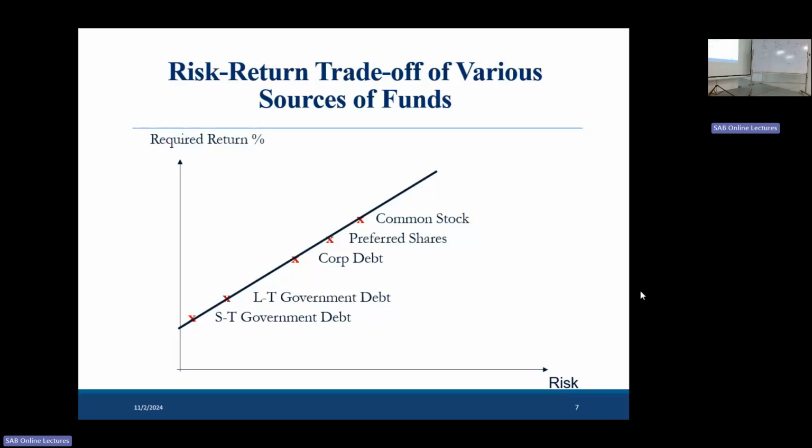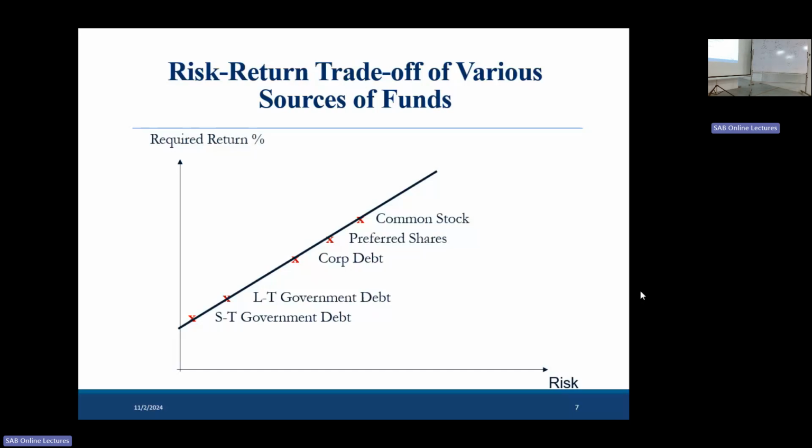Then corporate debentures, bonds, bank loans. Likewise, these are government securities. Even though we say government securities are risk-free investments, some sort of risk is there.